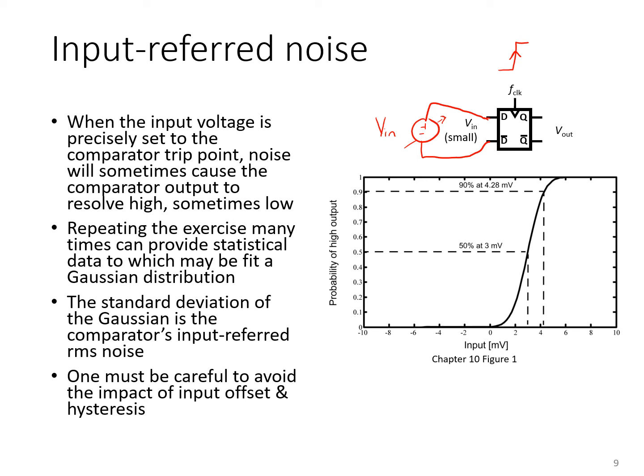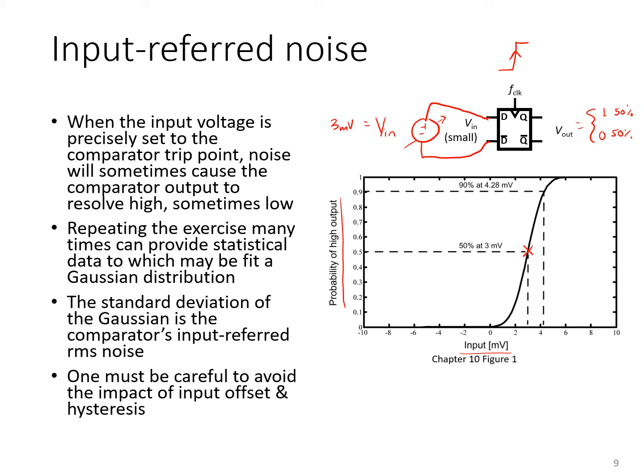And you'll see, for example, with Vin equal to, let's say, 3 millivolts, you may see that the output is binary 1 50% of the time and a binary 0 50% of the time, repeating this simulation maybe 100 times or more.